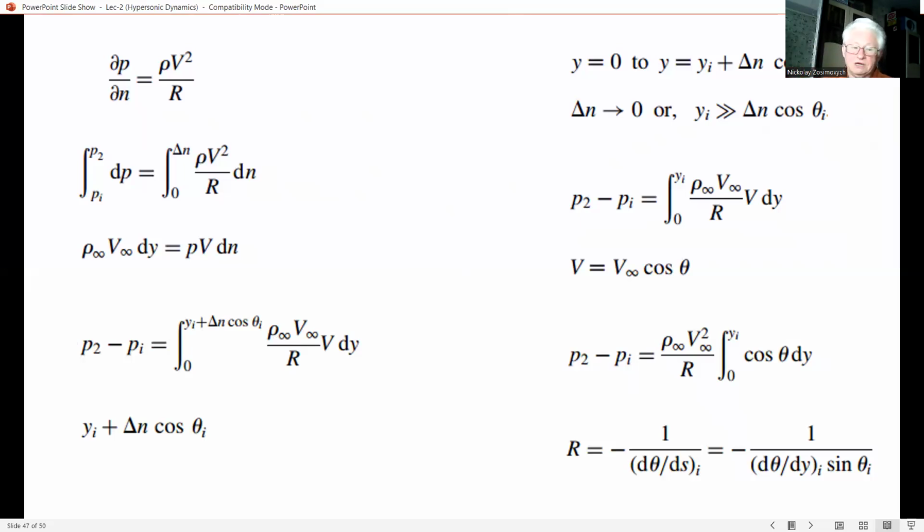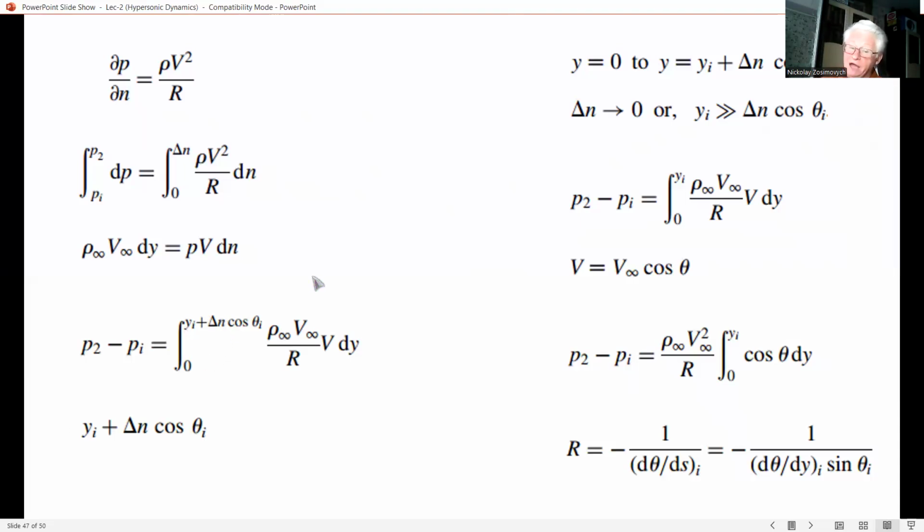But we should note that the vertical coordinates of points 1 and 2 will be y sub 1 and y sub 1 plus delta n cosine theta, respectively, right? Recall that delta n is the incremental height of the stream tube measured in the free stream, and that all of the mass flows through the section of the layer of thickness delta n.